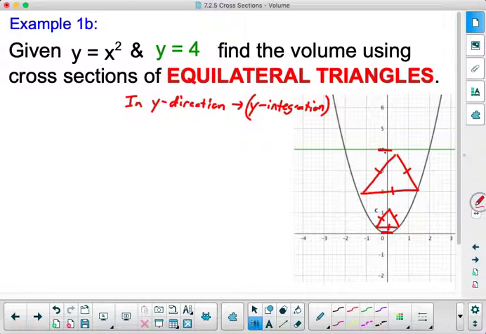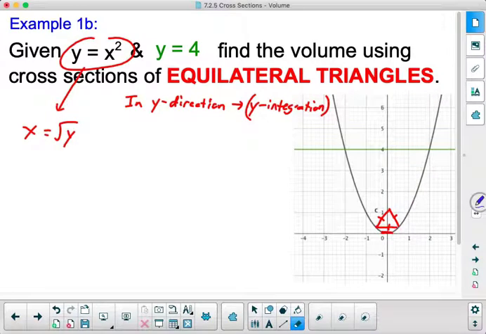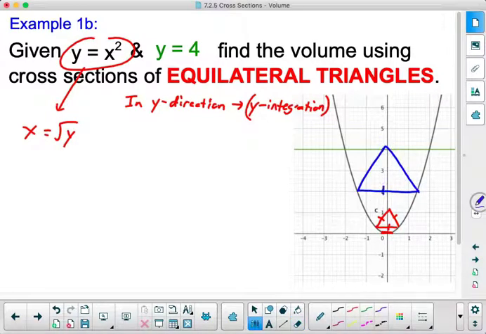And so because of that, as we stack them, my function again, just like before, so no change here, x is going to be the square root of y. So in my picture here, if I draw this maybe nicer, you guys have to be laughing at me. I'm laughing at myself right now because my picture is pretty bad.